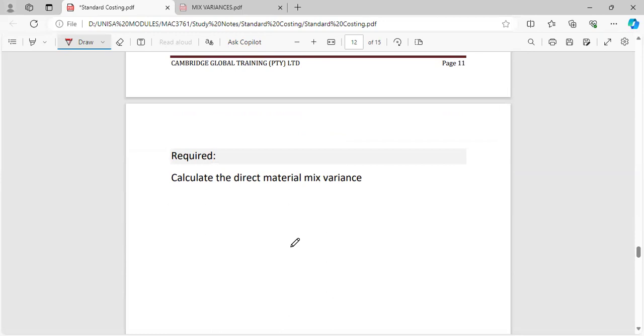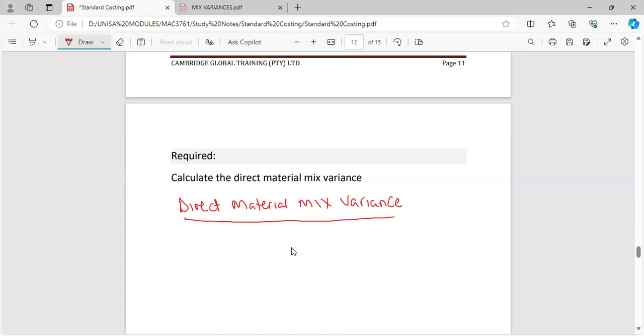So if the question requires you to calculate the direct material mix variance, the first thing for you to do is start with your formula.